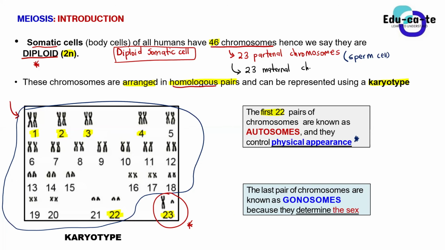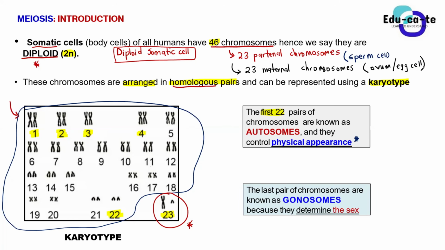So basically, for you to end up having the amount of chromosomes that you have, it is because 23 of them are coming from the sperm cell of your father, and 23 are coming from the ovum or the egg cell of what? Of your mother. So when your parents were making you, what did they do?